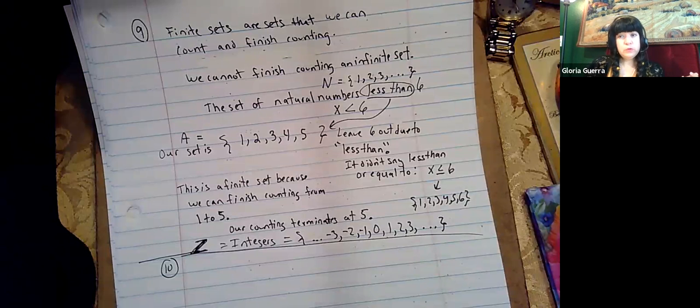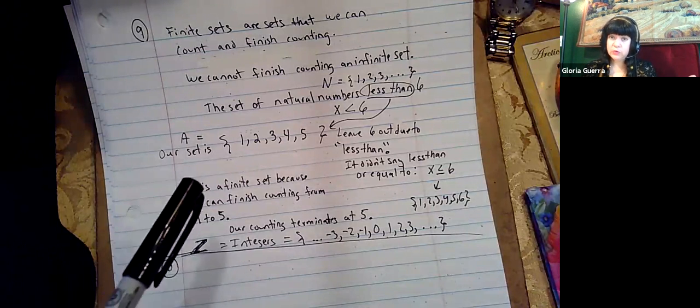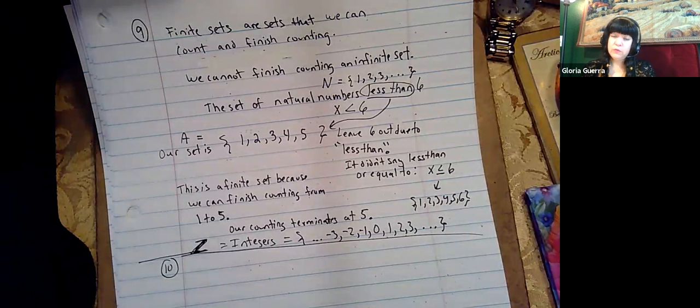Just FYI, because the book will probably reference that throughout the course, so just remember what integers are. They're different from natural numbers and different from whole numbers, but those are good sets to know.